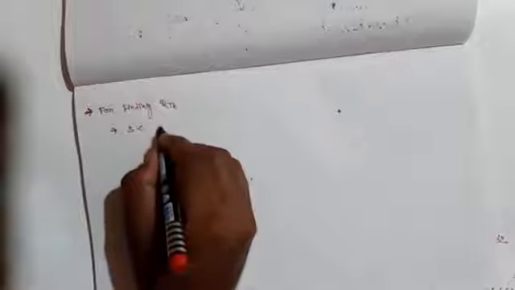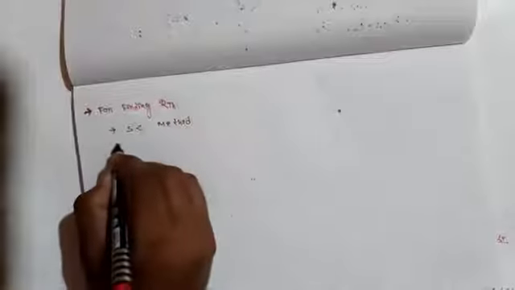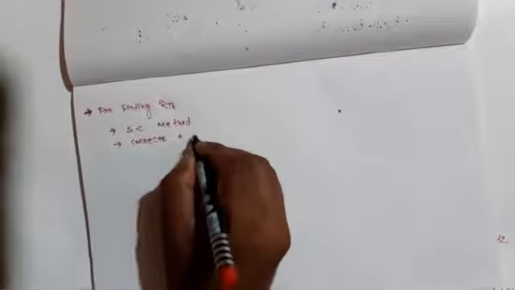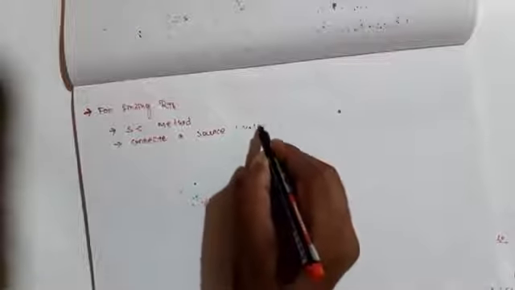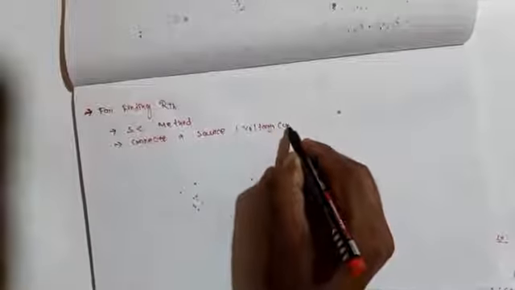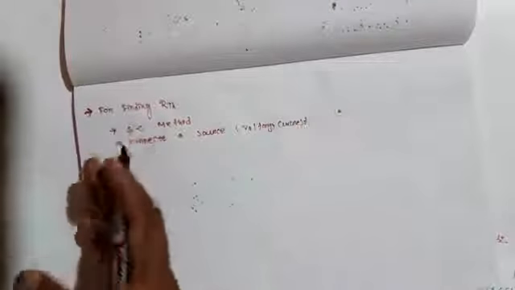For finding RTH, we cannot apply our ohmic method here, so we need to approach one of these: one is the short circuit method, and another is to connect a dummy source, like a voltage source or current source. We're going to deal with two methods.